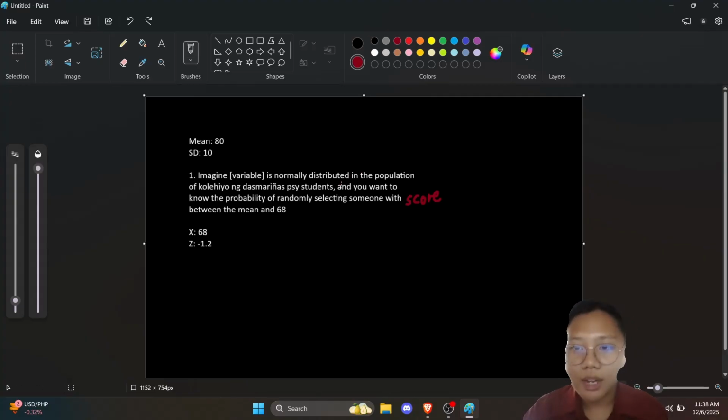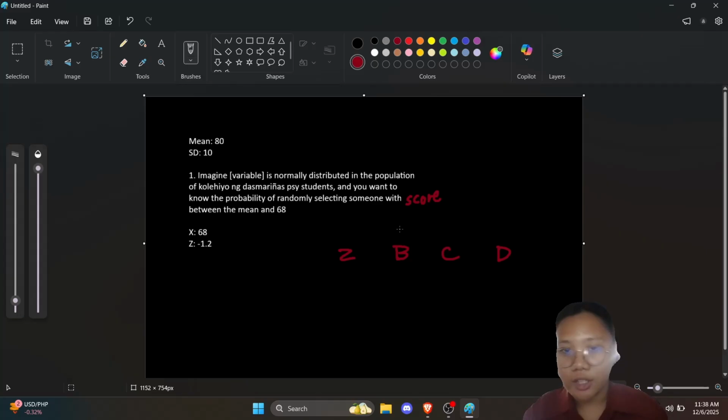Once you have computed your z-score, you will have to use the unit normal table. There are four things in there: the z-score, the proportion in body, the proportion in tail, and the proportion between the mean and z-score.